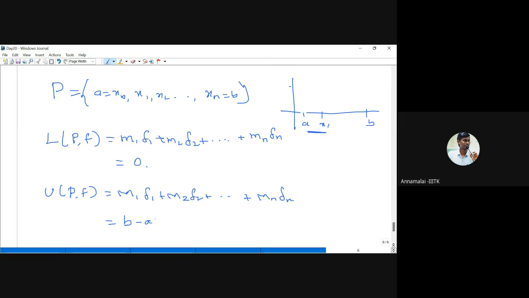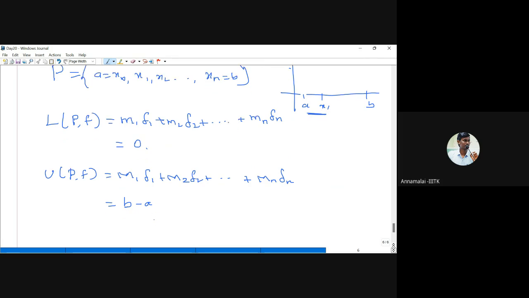So for any partition P, the lower sum is 0. If you take the supremum of all the lower sums, you get 0 again, because it's constant.